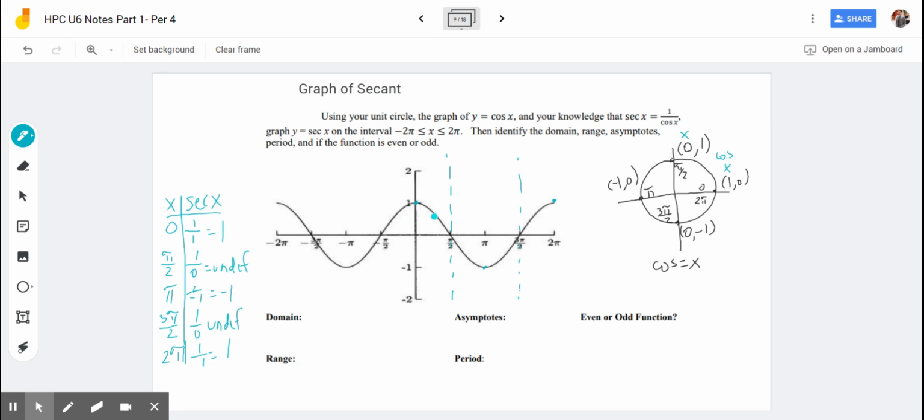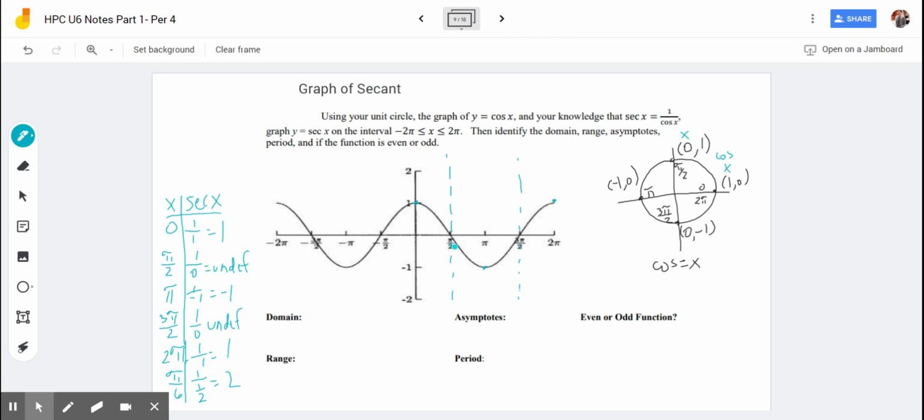So similar to what we did with sine and cosecant, one value that we can plug in that's pretty simple to take the reciprocal of is cos of pi over 6. So it'll be 1 over a half, which is 2. So pi over 6, if you recall, is about a half a unit.